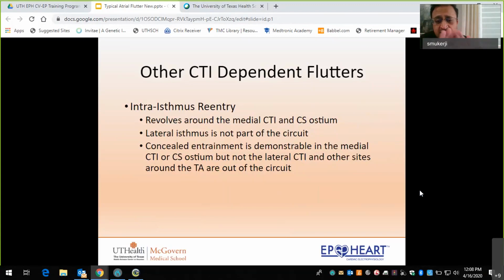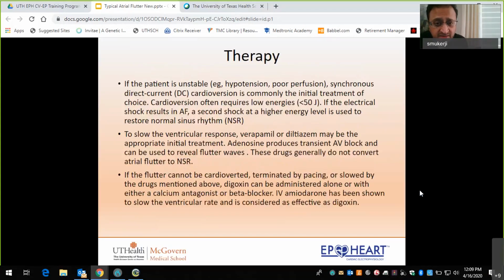So we're covering the entire area. A lot of times, if it doesn't terminate, we go a little more lateral or a little more medial. Truth be told, this happens a lot more often than we believe it to happen, and we just don't see it because, by virtue of ablating in such a big area, in addition to the CTI that we've run, we end up achieving success.